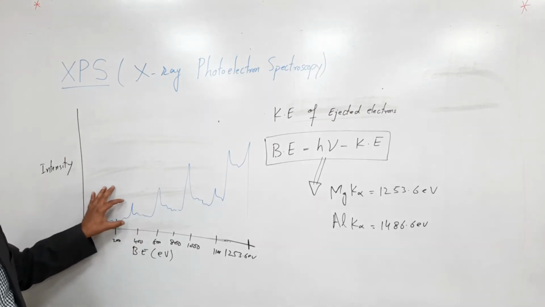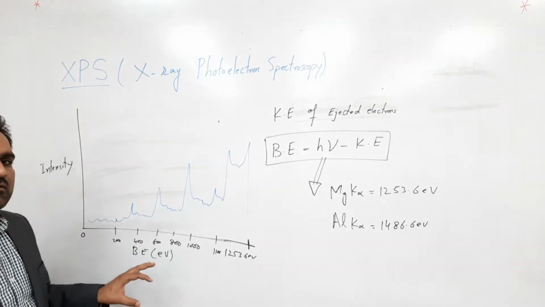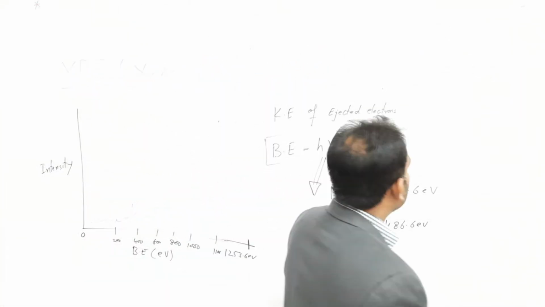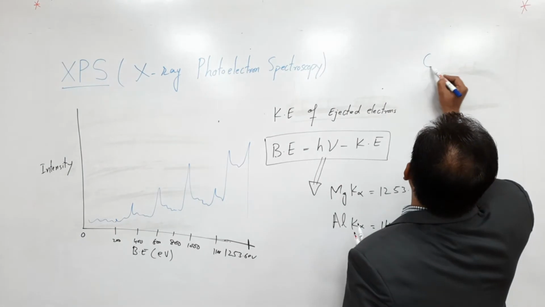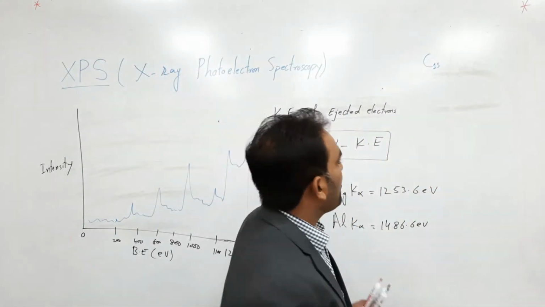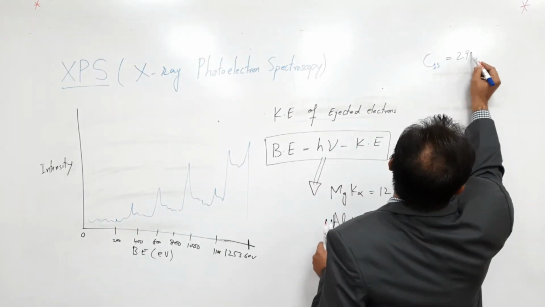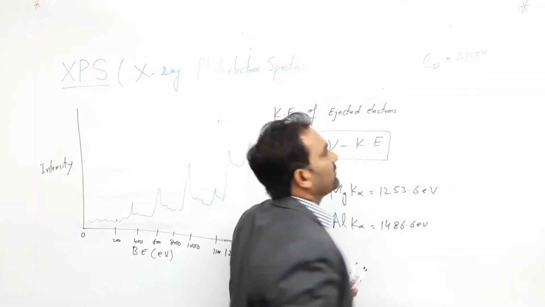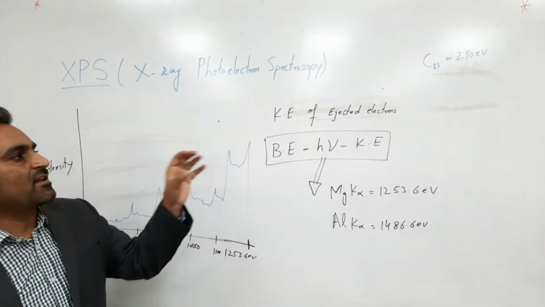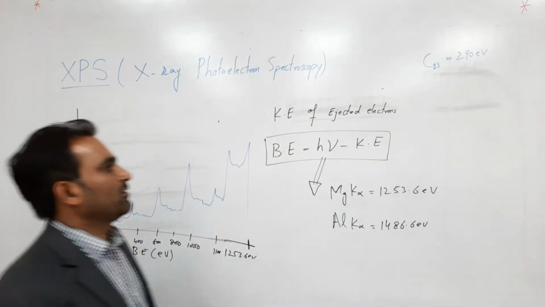These two things are much more important, because this particular peak position is for a specific element. Suppose you want to measure carbon 1s. For carbon 1s, its peak position is usually around 290 electron volt. It usually gives a signal around 290 electron volt.